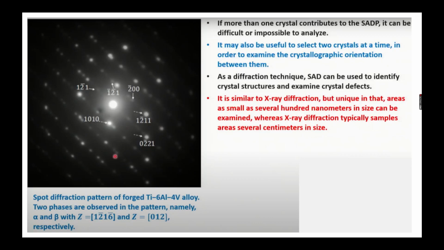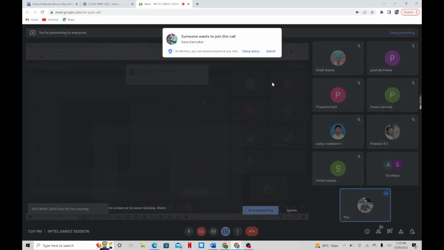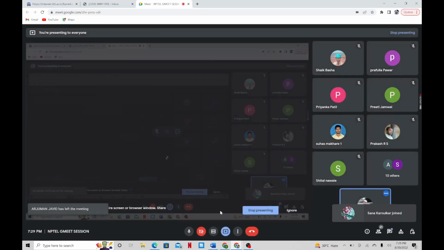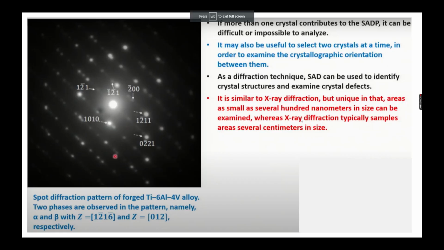Suppose this is a diffraction pattern of a titanium, aluminum and vanadium alloy. This is a two-phase alloy, so you will have an alpha and a beta phase. Alpha will be here, and you can see the zone axis of the alpha is given.